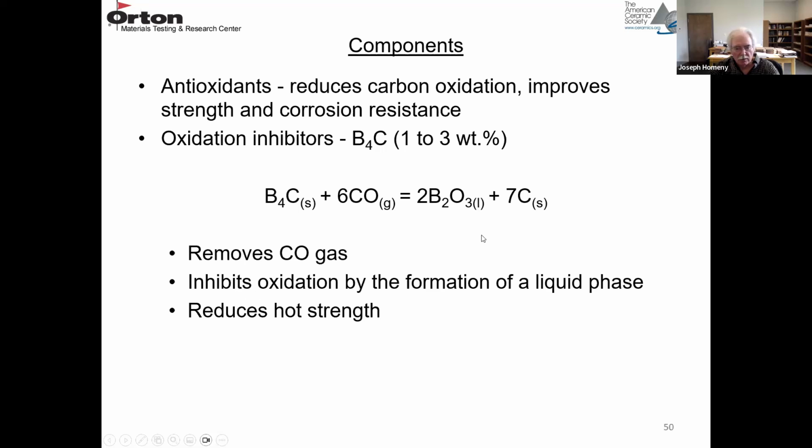So the liquid is desirable because it can coat the carbon in the matrix and provide an oxidation barrier. But since you're forming a liquid, you're also reducing the hot strength. So that's one disadvantage of adding B4C: this is a low viscosity liquid, and it's going to reduce the hot strength.